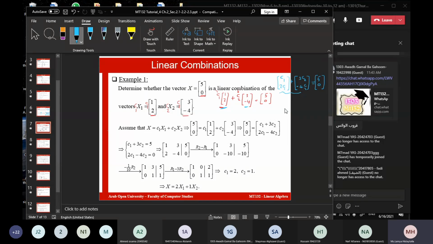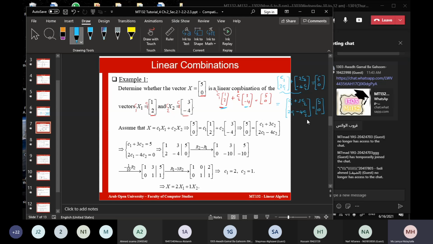Now we do the addition. So this is equal to C1 plus 3C2, and then from the second one, 2C1 minus 4C2. This should equal the vector 5 and 0. If we could find these C1 and C2, we are done.